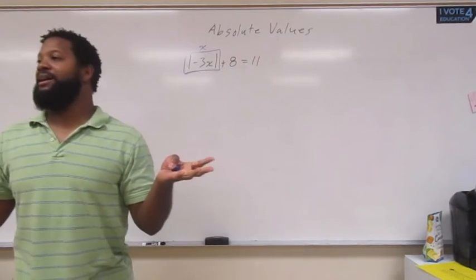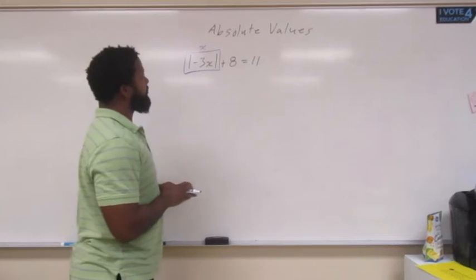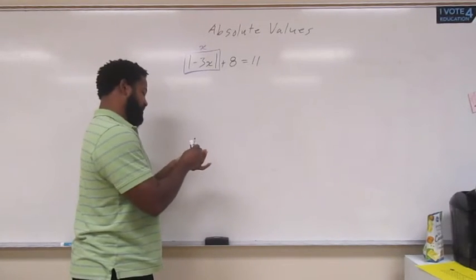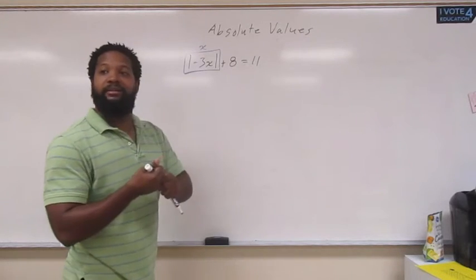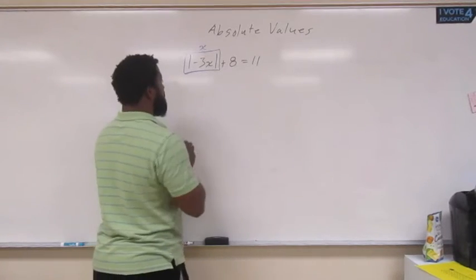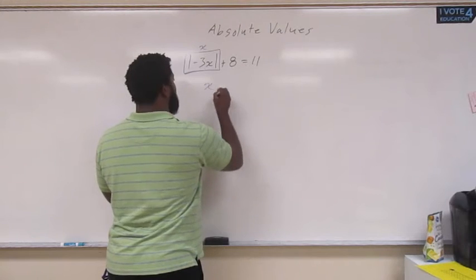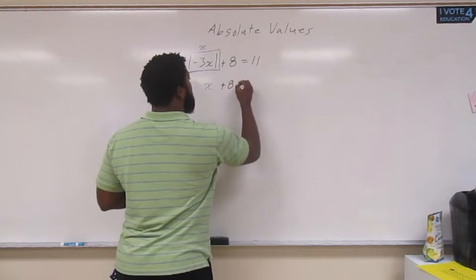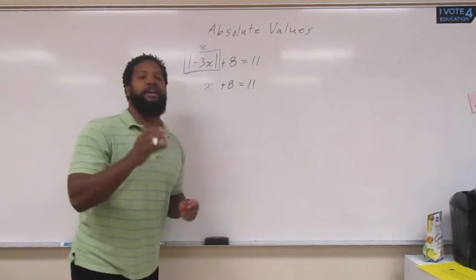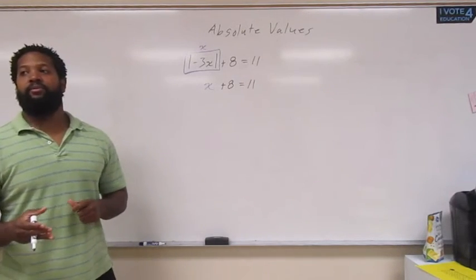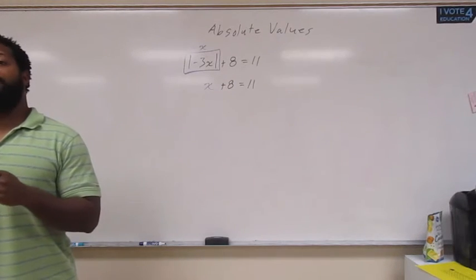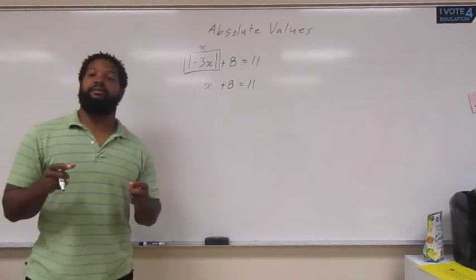Let's just name the box X. Right? So if we were to rewrite this, it will be what? X plus 8 equals 11. There you go. X plus 8 equals 11.